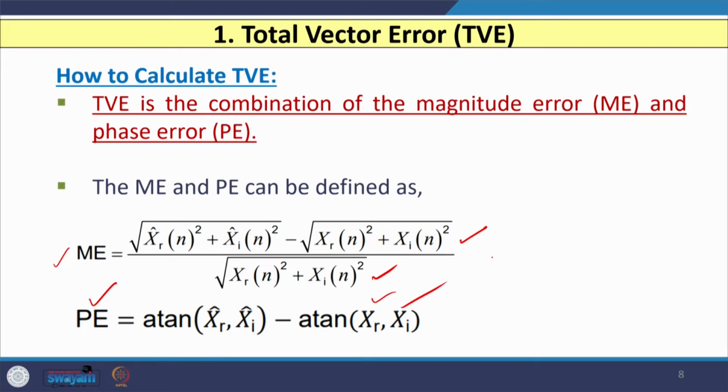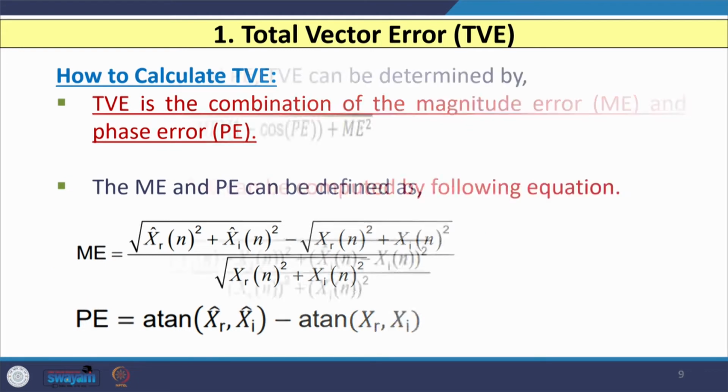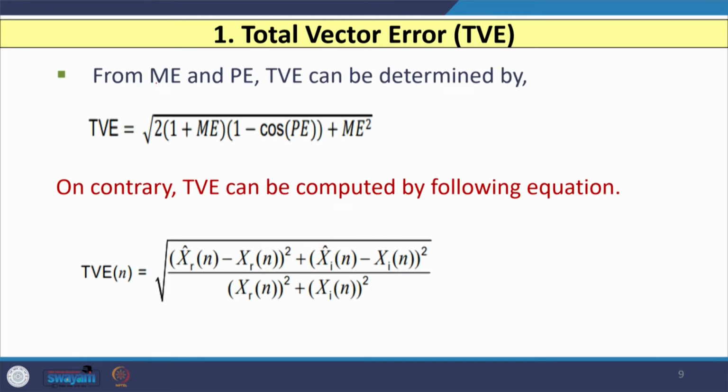So, this is how you can calculate the magnitude error and phase error, and then you will have the value of total vector error. Once you have the magnitude error and phase error, the total vector error can be determined by this equation: square root of 2 into 1 plus magnitude error into 1 minus cos of phase error, plus the square of the magnitude error.